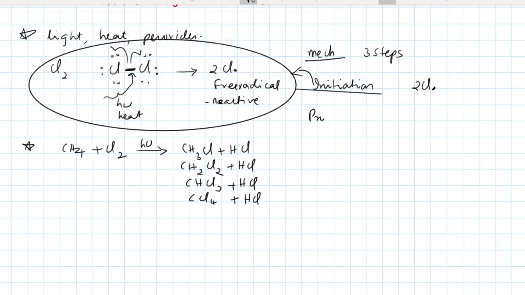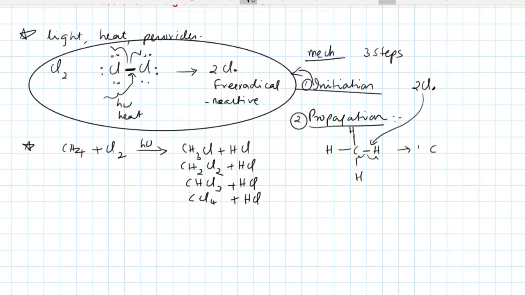Then the second step is the propagation step. In the propagation step, this chlorine free radical will attack the C-H bond in the methane. So this will come and attack this. Now this will undergo homolytic fission to produce free radicals like this, CH3 dot plus H dot.